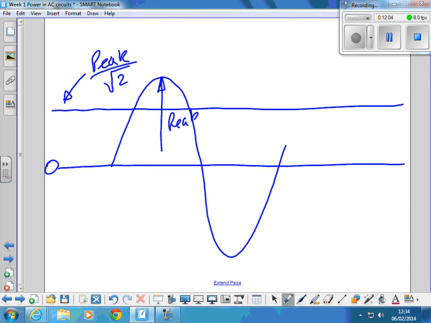Now, a useful practical point to this is that cheaper digital meters measure average voltage and current and convert it to RMS. But that conversion process is only good for a pure sine wave. So if you're using it on any other shaped waveforms, you won't be getting a true RMS reading.